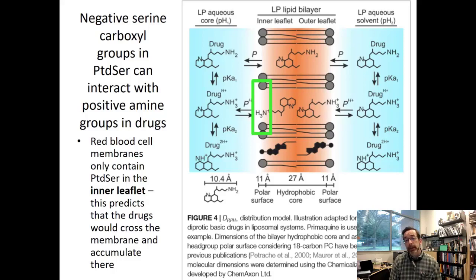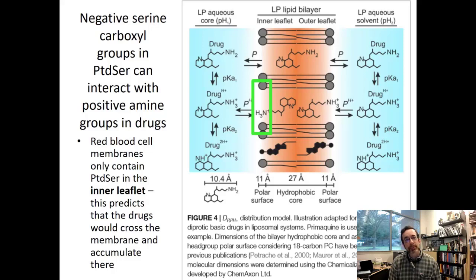But the really interesting thing is red blood cell membranes also have a lot of phosphatidylserine, but red blood cells organize all of their phosphatidylserine on the inner leaflet. If the drugs really work this way, that means that we can expect them to be enriched on the inner leaflet of red blood cell membranes.